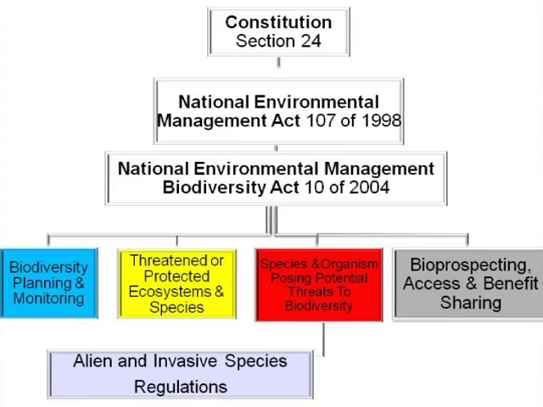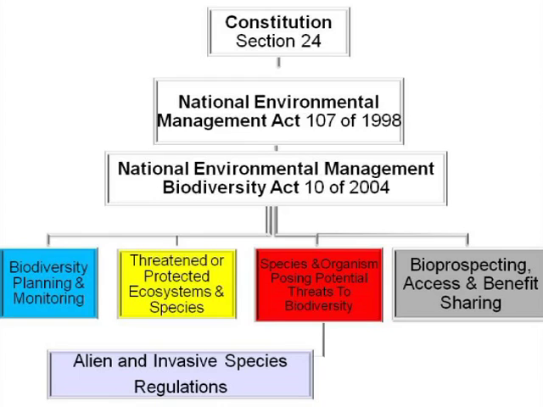Now, going to the national level, we have the Constitution, specifically Section 24, which speaks to the protection of the environment. From the Department of Environmental Affairs side, we have the National Environmental Management Act, and something equivalent to that from the Department of Agriculture is the Agricultural Pests Act.